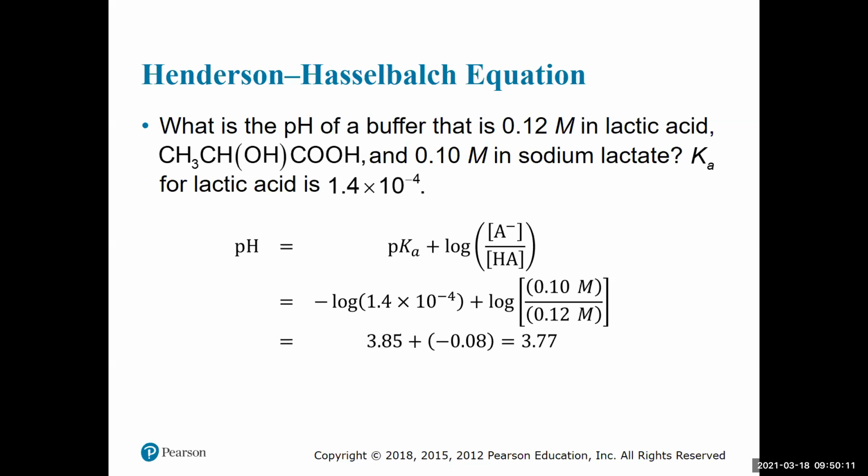We get log 0.1 over 0.12. Over here, remember that pKa means minus the log of whatever the Ka value was. Then we can solve that, and it's a real easy way to tell us what the pH of that solution is. In this case, 3.77.